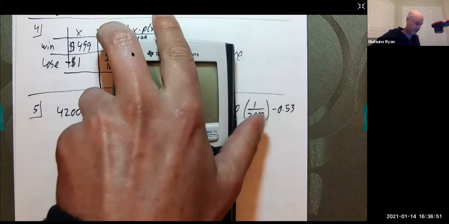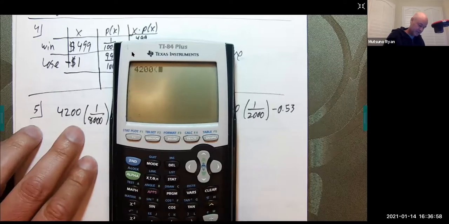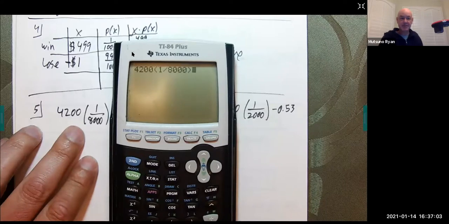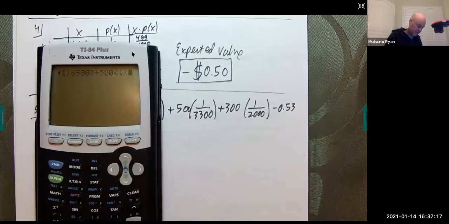This gets a little tricky. Got to be real careful. I actually made a mistake on it the first time I went through it. 4,200 times 1 divided by 8,000. Notice I'm using my parentheses. Plus 500 times 1 divided by 3,300, plus 300 times 1 divided by 2,000.